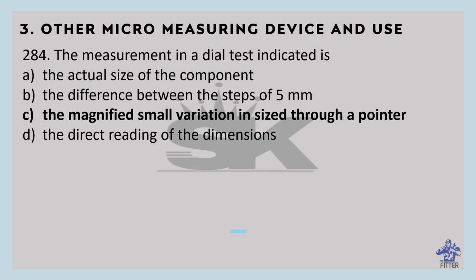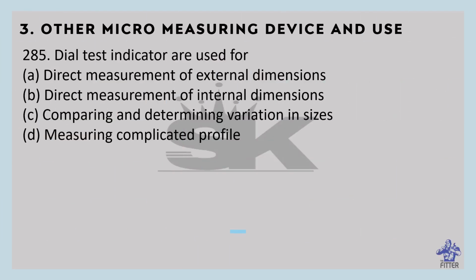A dial test indicator magnifies the deviation in size and displays it on the graduated dial with the help of a pointer. It is used for comparing and determining variation in sizes. Option C.